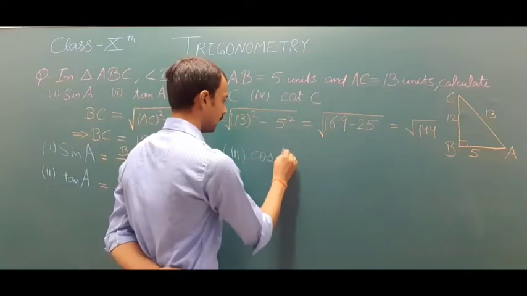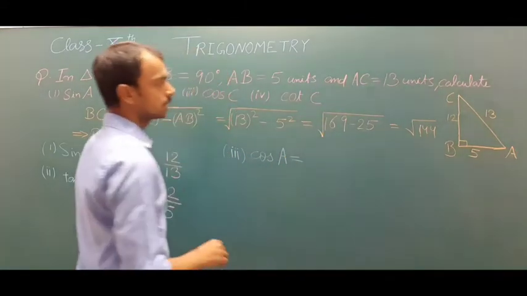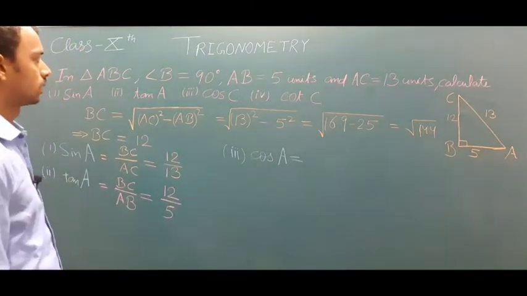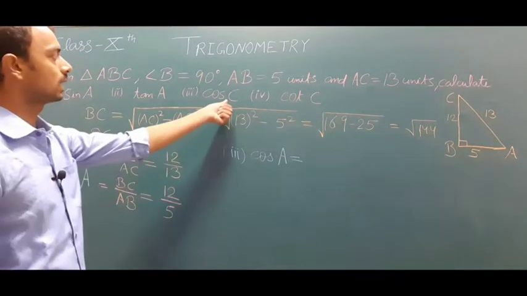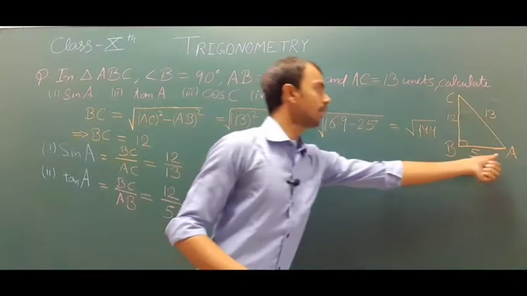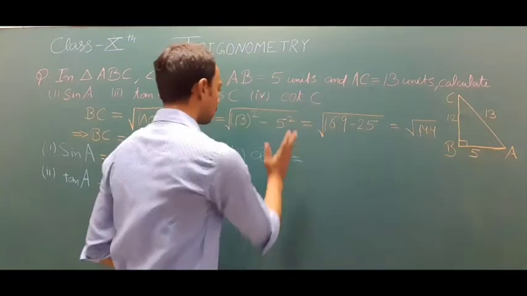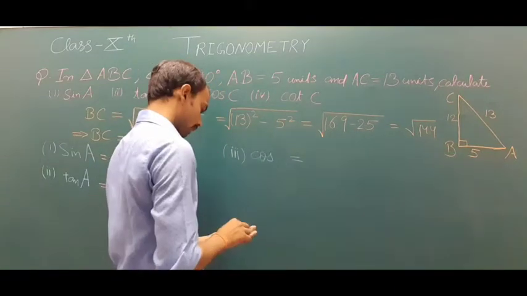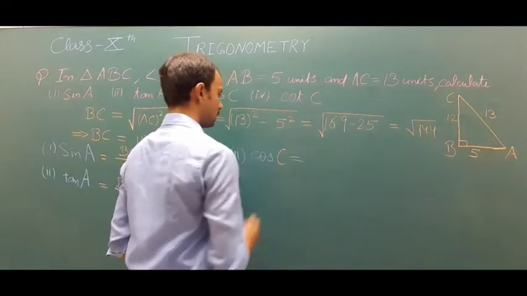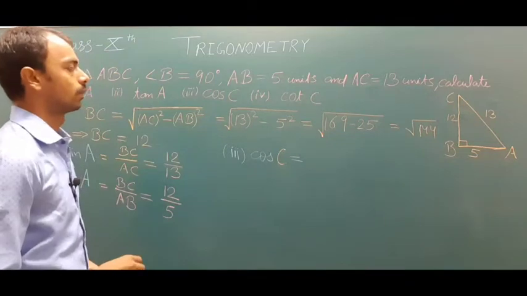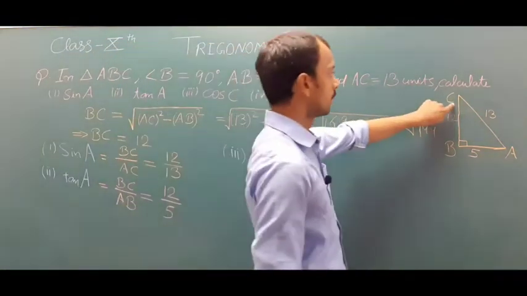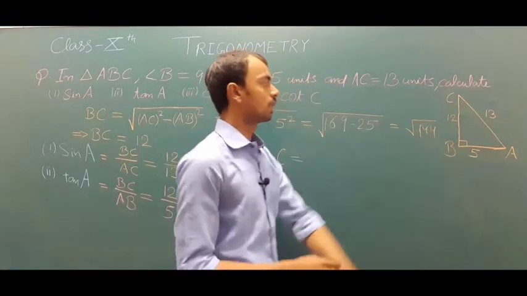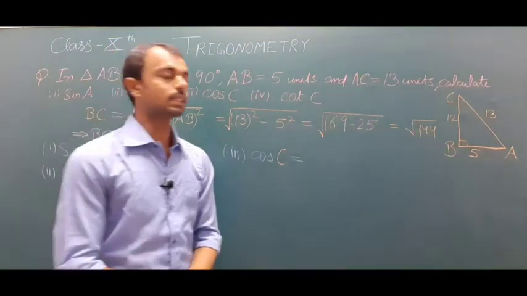Cos of A. What is cos A over here? Sorry, this is not A. This is angle C. We have calculated now for angle A. Now we have to calculate for C. Cos C. What is cos C now? Now look here. For C, what is the opposite side and what is the adjacent side?